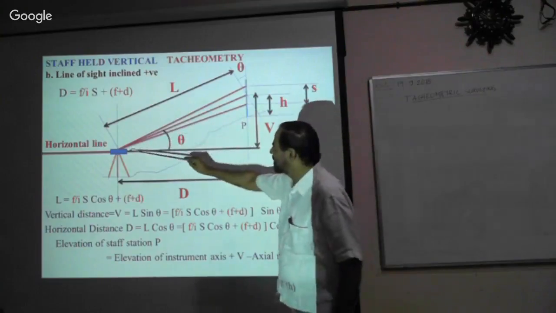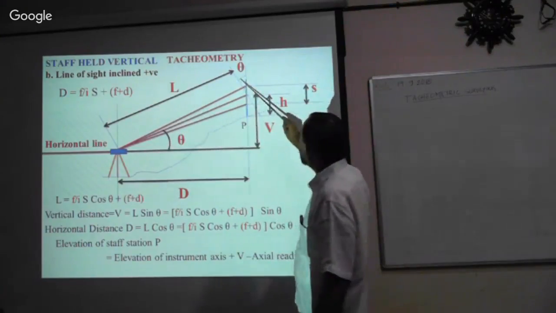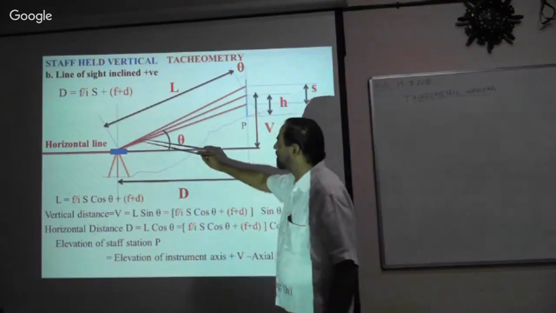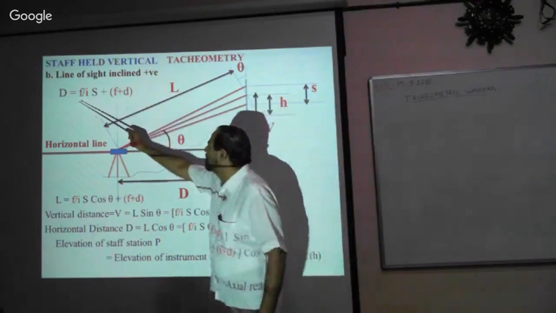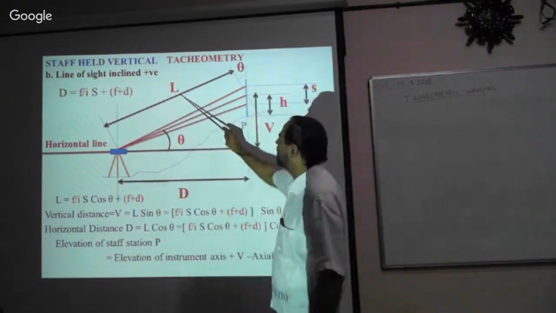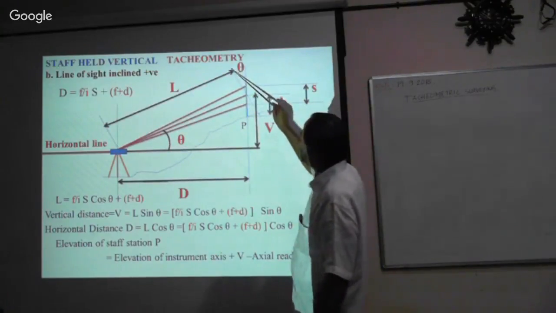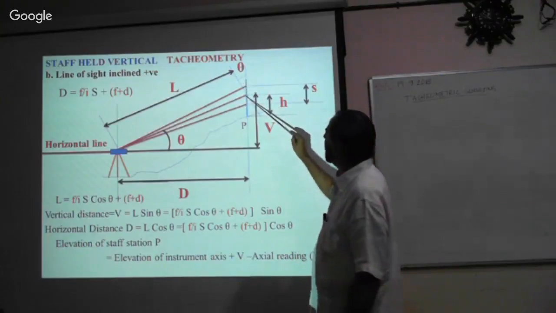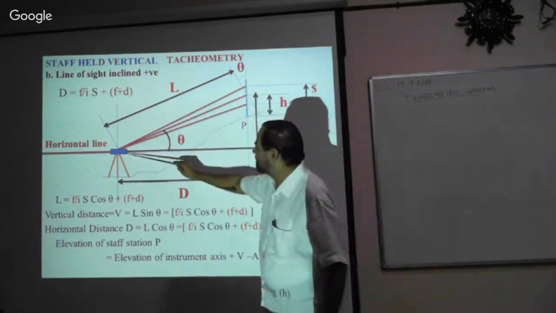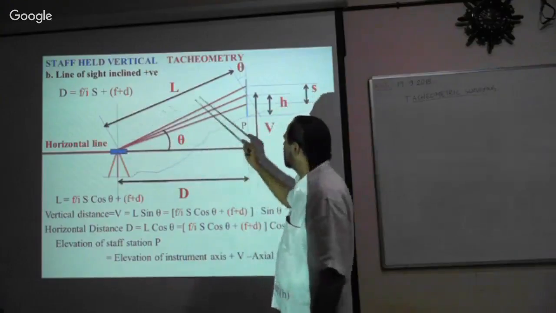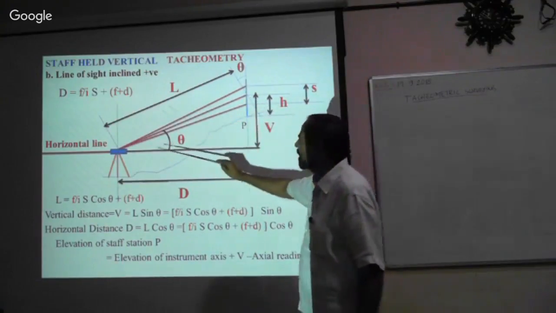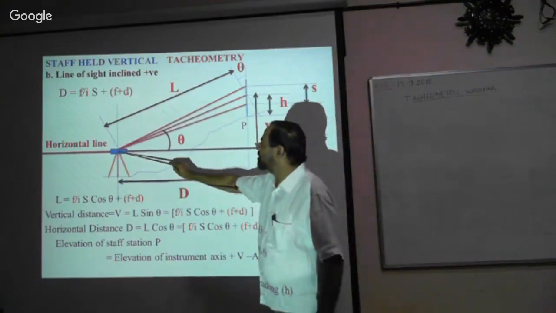Now this is L. This D becomes L when we make the line of sight perpendicular. L is from the central hair reading to the axis of the instrument.